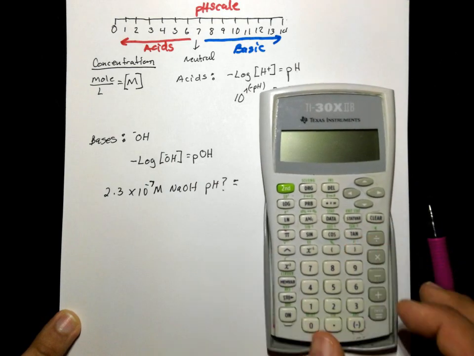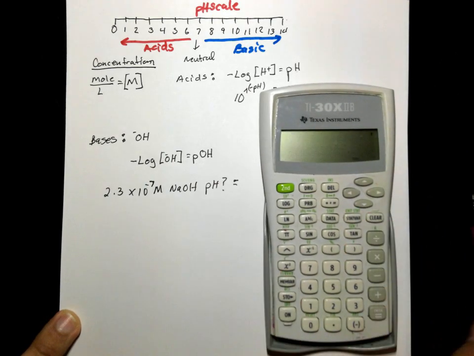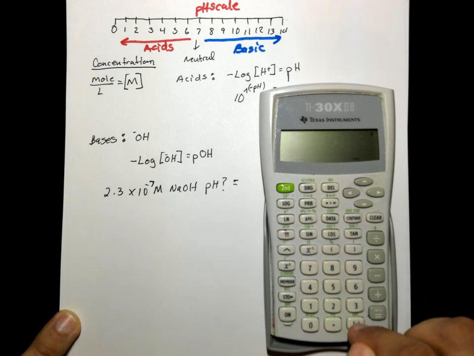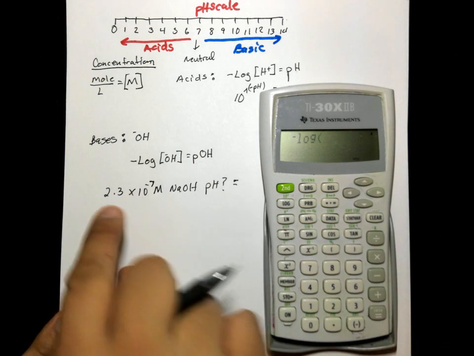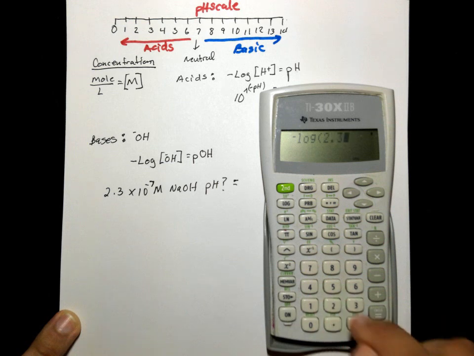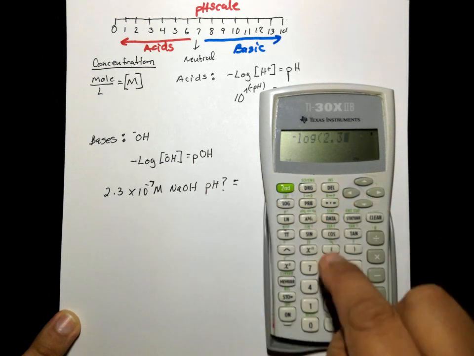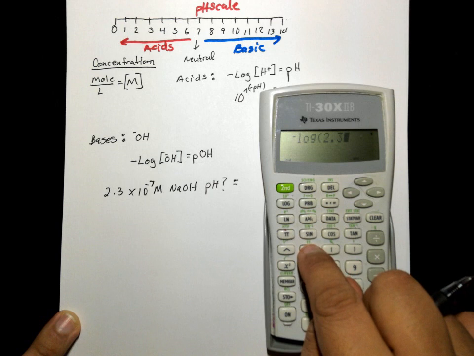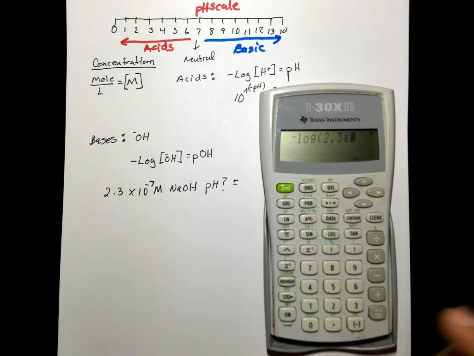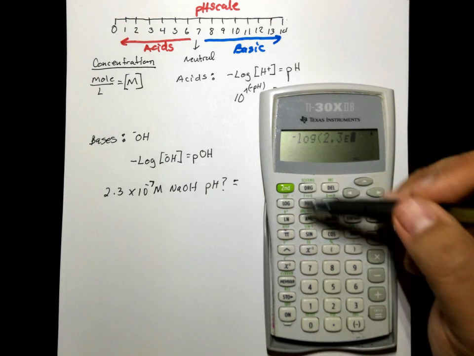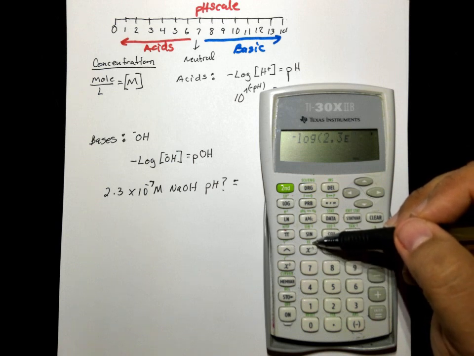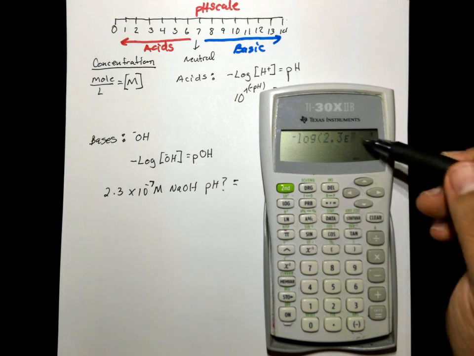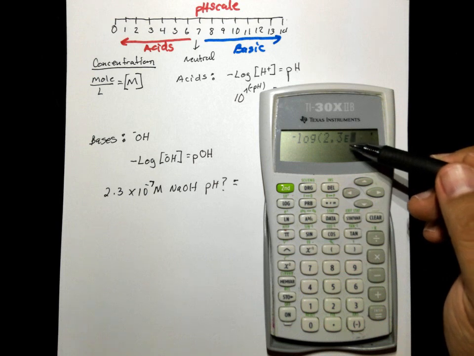Pull out my calculator, turn it on, clear it out. So I'm going to hit the negative button, negative log, and enter in this concentration, 2.3. I'm going to use the second button and that button above 7, the EE. Your calculator might be different, but what you're looking for is that EE button, and it puts that E. That E means times 10, so you don't have to hit times 10.